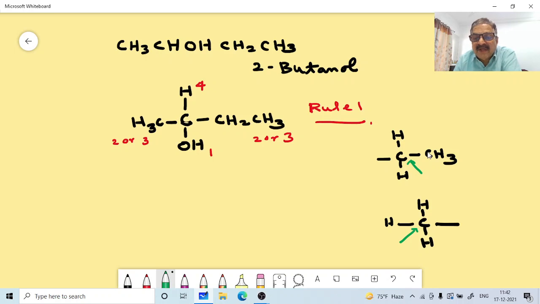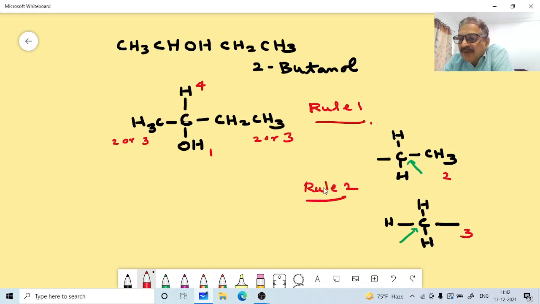This carbon has the higher atomic number, therefore CH2CH3 should be priority number 2 and CH3 should be 3. This is rule 1 and this is rule 2. You have to apply both rules in the case of 2-butanol.